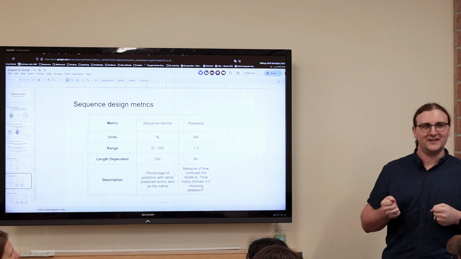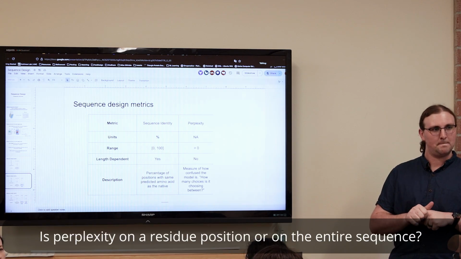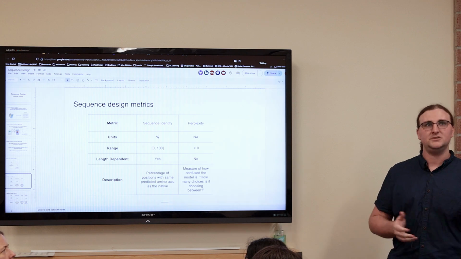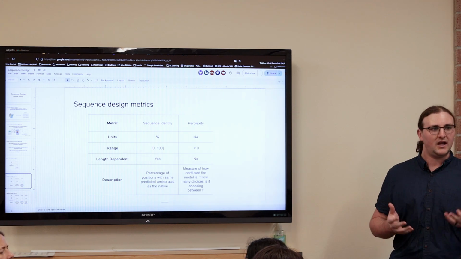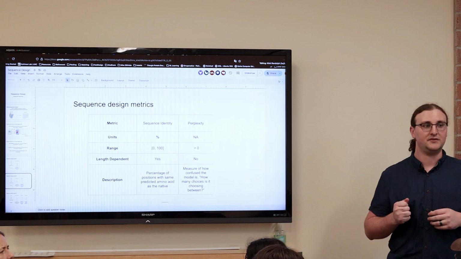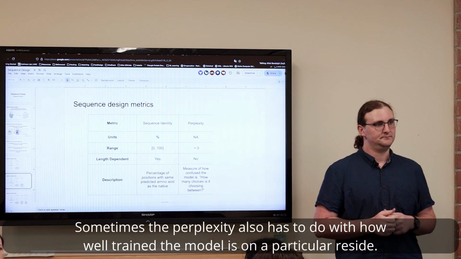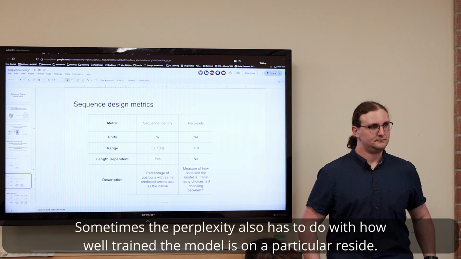Is perplexity on a residue position or on the entire sequence? You can measure it on both. I think most people average the perplexity over the test set or something like that. Sometimes the perplexity also has to do with how well trained the model is on a particular residue.